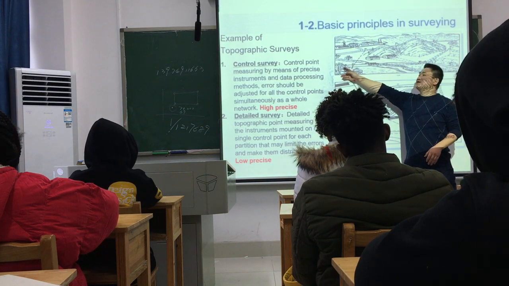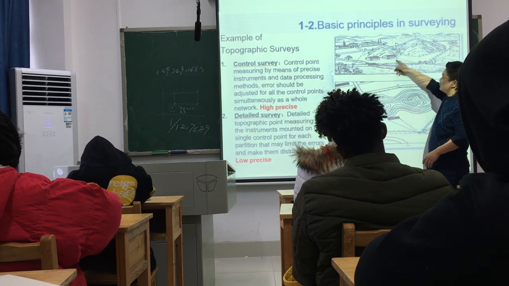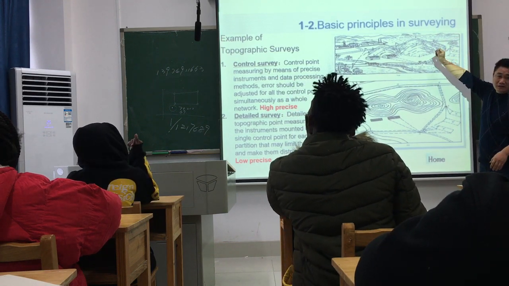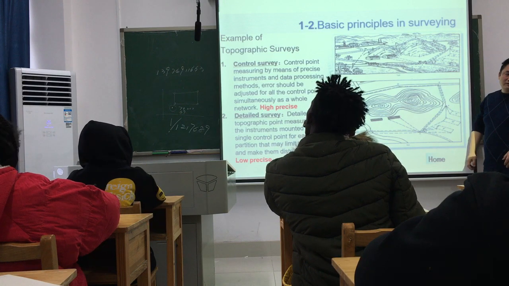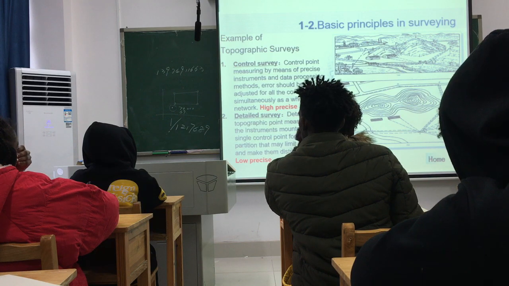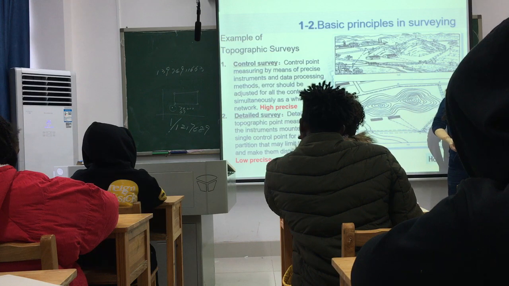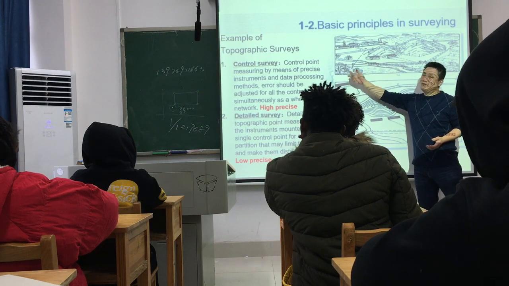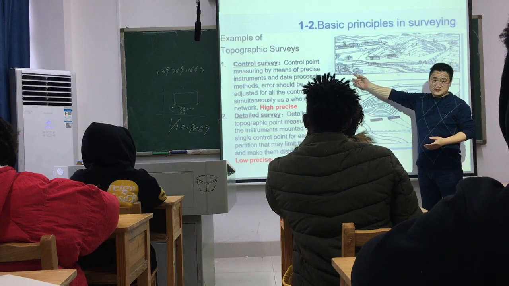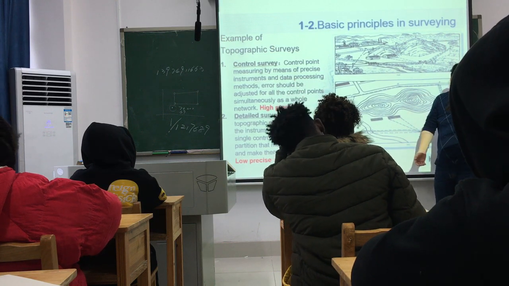If you use the instrument to survey this area, and then this area, and then this area, and from here to that place directly, you see the result we want may have a big error, yeah? Because each step will make an error, yeah? So from here, if we make an error, we do not correct. So here, maybe it makes an even bigger error.